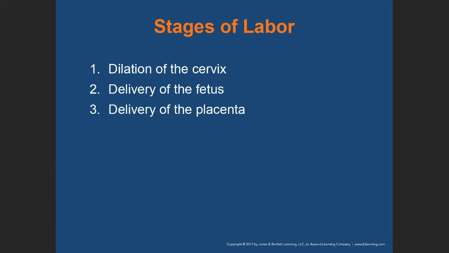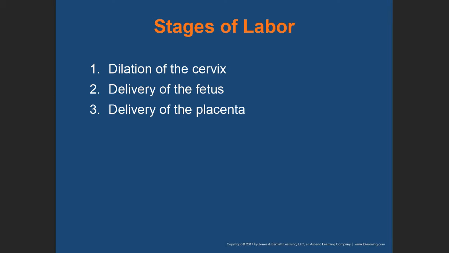There can be a precipitous birth, and a precipitous birth means that the entire process occurs within less than 3 hours. Everything happens within less than 3 hours. So again, it is important that when you're studying the stages of labor, you look at when each stage begins and when each stage ends.